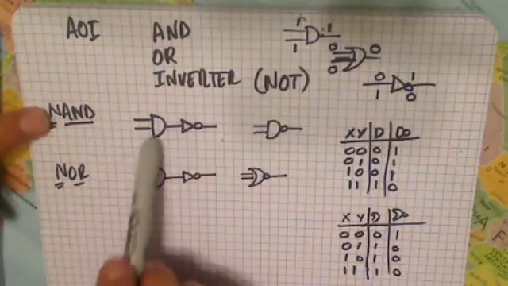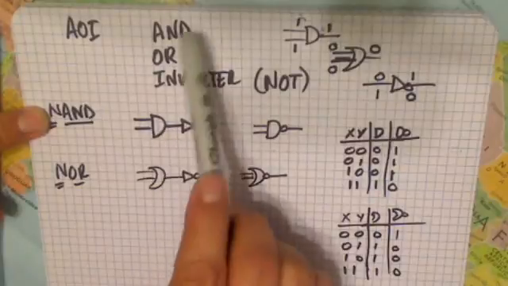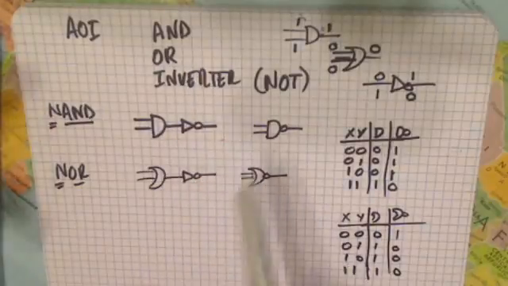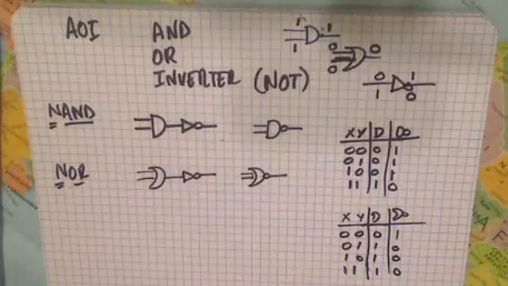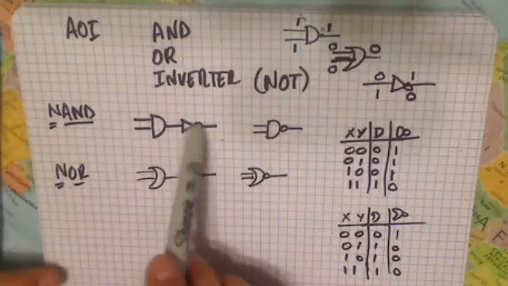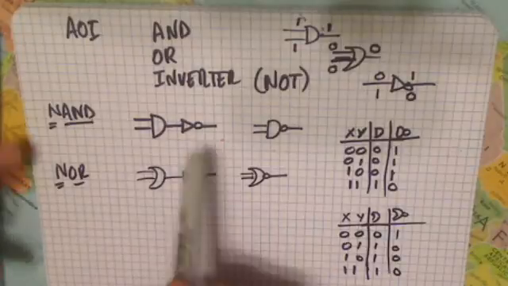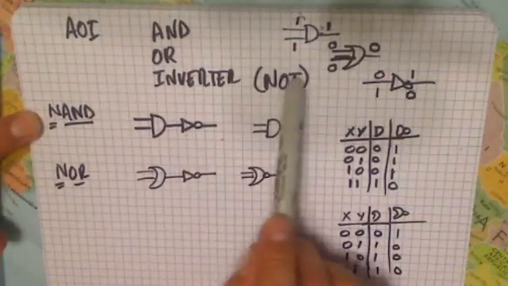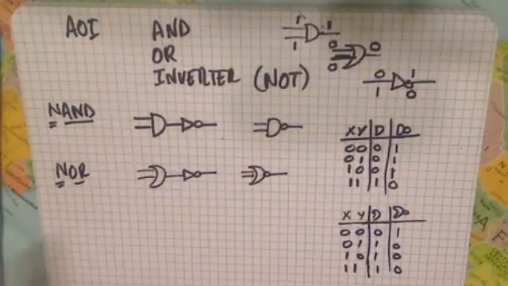As you can see, the NAND and the AND gate are almost identical, with the exception of that inverter. So if we want to, we can work with this first, but we are going to start with the inverter because we're going to need it for the remainder of the examples.